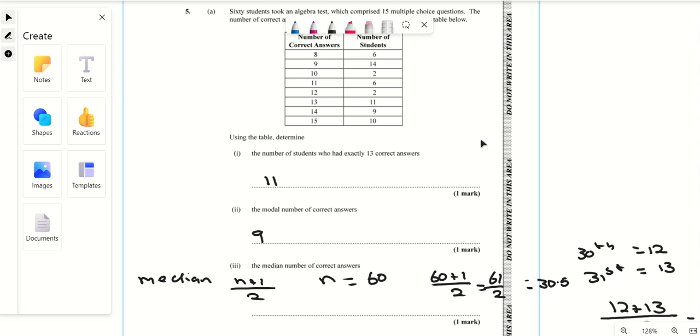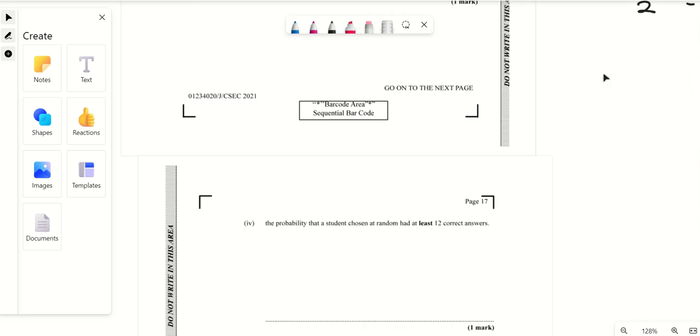So the number of students that would answer 12 or more would be 2 plus 11 plus 9 plus 10, right? So your desired outcome would be 2 plus 11 plus 9 plus 10, all divided by a total, which is 60.